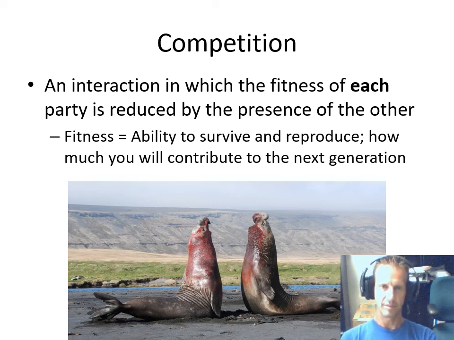So the example that I'm showing here to illustrate this competition is competition between two members of the same species. In this case, these are two elephant seals competing against each other for mates, most likely. So you can see that the fitness of both parties has been reduced.